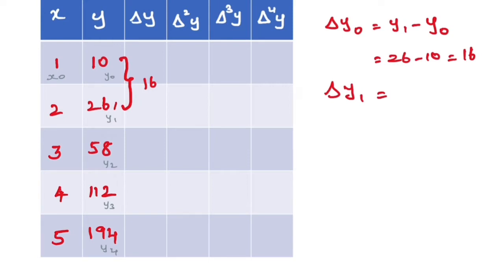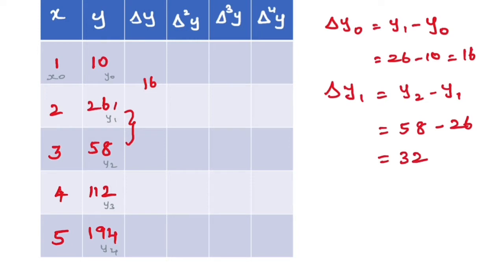Similarly, you find out delta y1. So delta y1 is y2 minus y1, the difference between these two. So 58 minus 26, which is equal to 32.